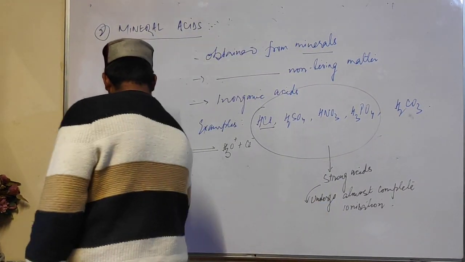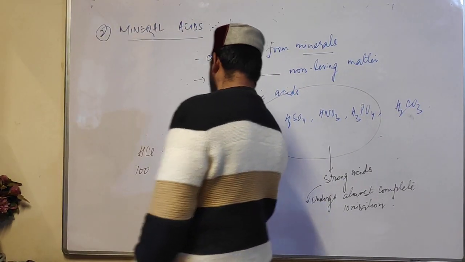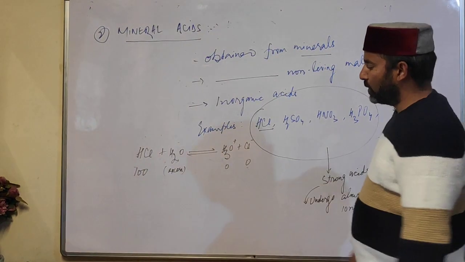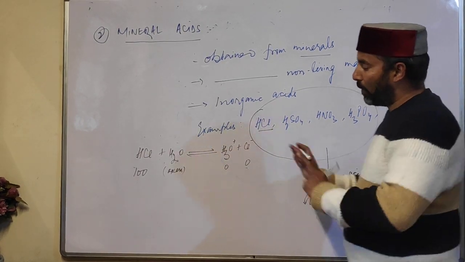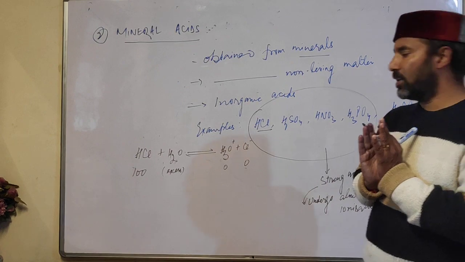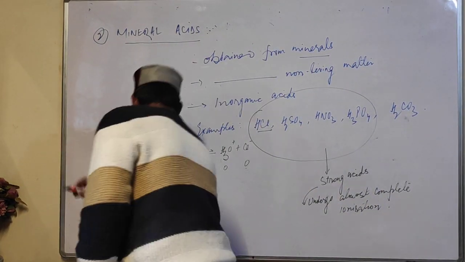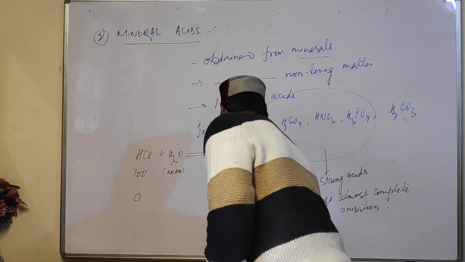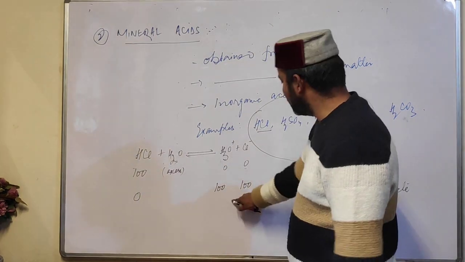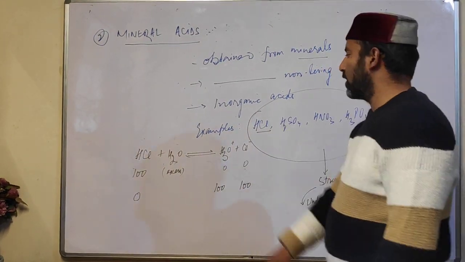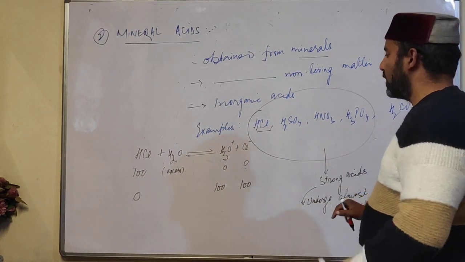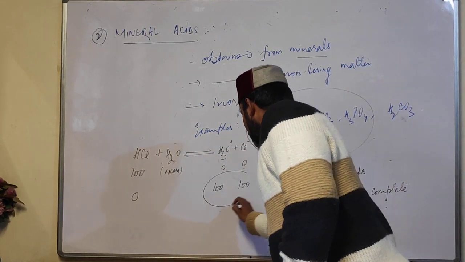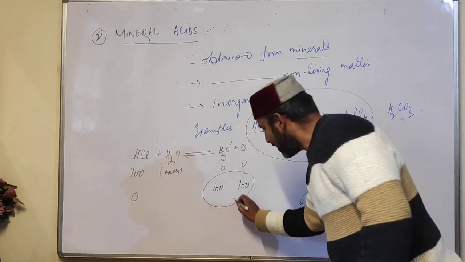So students, again here I am taking 100 molecules initially. Water generally we take in excess, and initially there is no ionization, so that means there are no hydronium ions and chloride ions. But when ionization of HCl is complete, finally we will not have any HCl molecule, rather we will have ions only. We will have 100, say, chloride ions and 100 hydronium ions. Why 100? Because it undergoes almost complete ionization, means it undergoes 100% ionization.